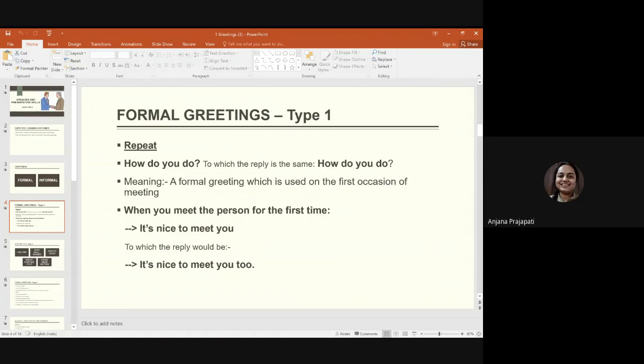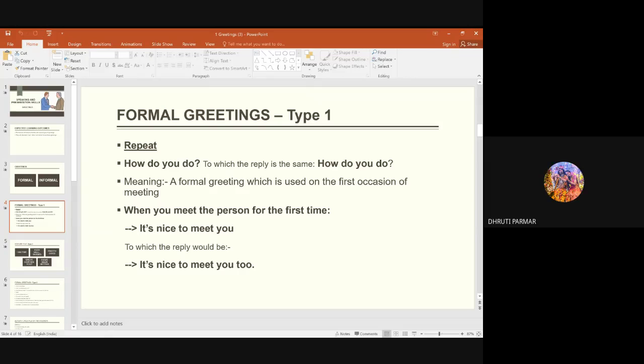Then I say that I'm Anjana, I'm from Marwadi University, and the person would say, "Oh, I'm also a student in Marwadi University," and all that. After we talk for some time, at the end, I'll say, "It's nice to meet you," and the other person would say, "It's nice to meet you too." Understand? So you say "How do you do" when you meet the person, and you say "Nice to meet you" at the end of your conversation.